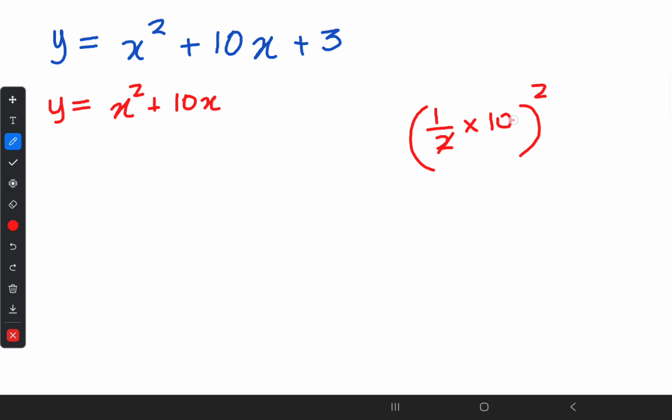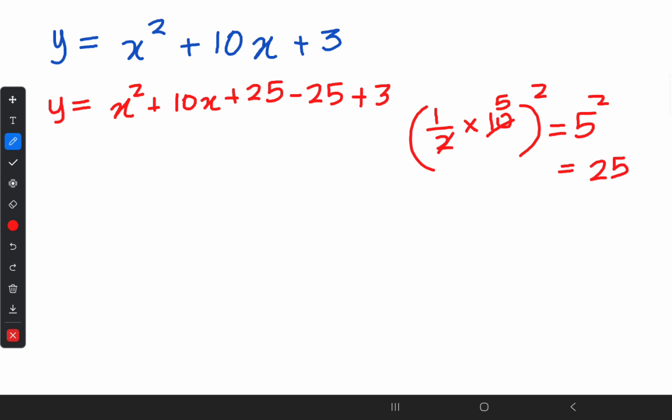Half of 10 would be 5. So 5 square is 25. With this, you need to add 25. To nullify that, you subtract 25 as well. Just keep the number 3 itself.